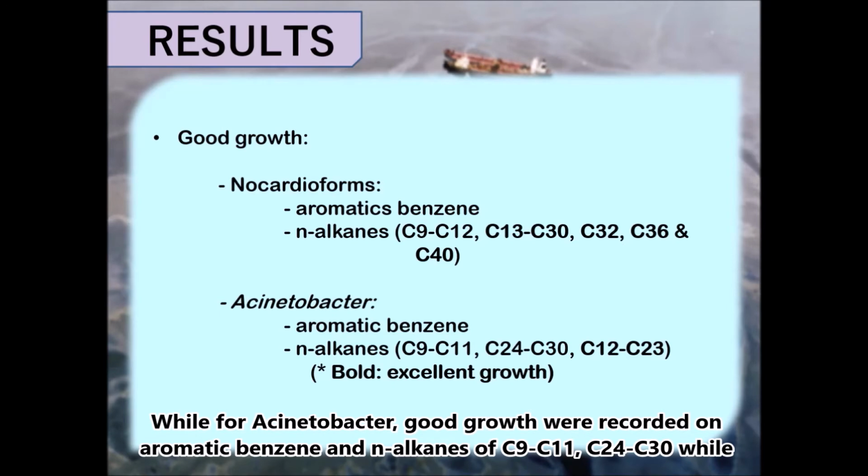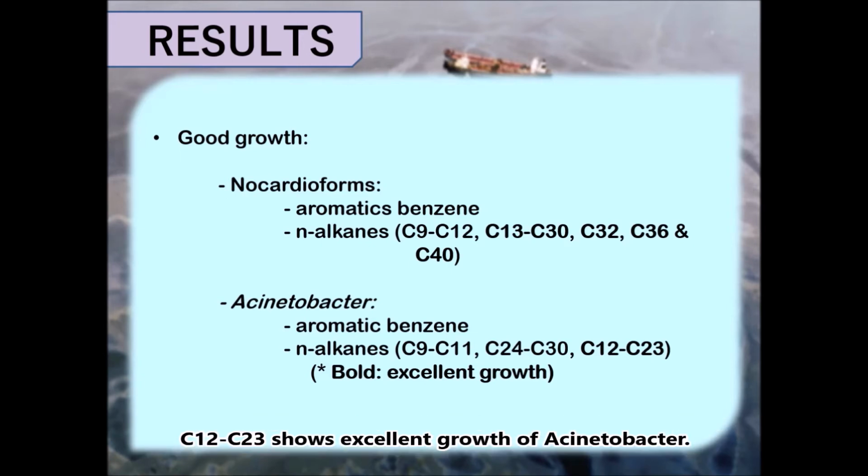While for Acinetobacter, good growth was recorded on aromatic benzene and n-alkanes of carbon 9 to carbon 11, carbon 24 to carbon 30, while carbon 12 to carbon 23 showed excellent growth of Acinetobacter.